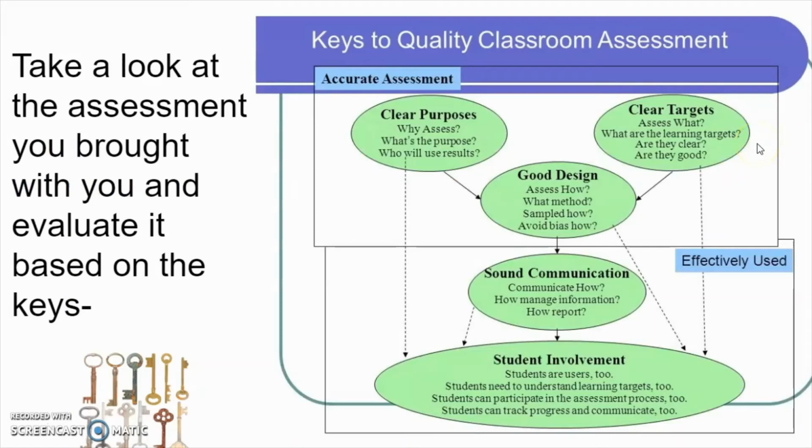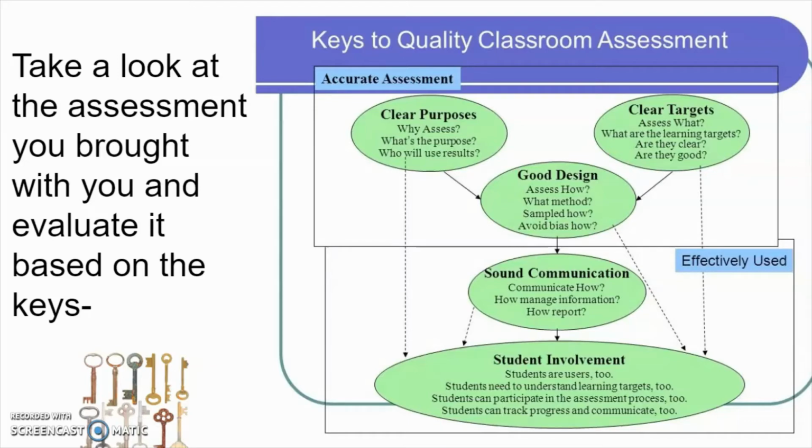All right, now I invite my participants to take a look at the assessment that they will have brought with them and evaluate it on these keys. So they're going to take a look at it and see, can they identify clear purposes, why this is being given, what's the purpose of the assessment? Are there clear targets on it, does it say on the test what it's assessing? Is it a good design, is it a good method for that type of learning, or those students that they have?